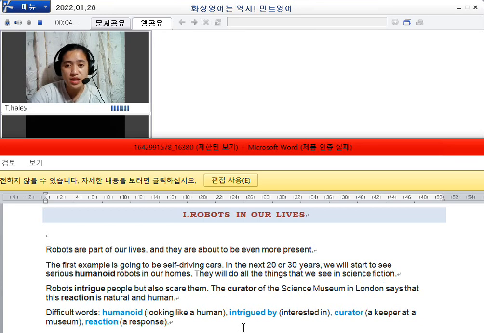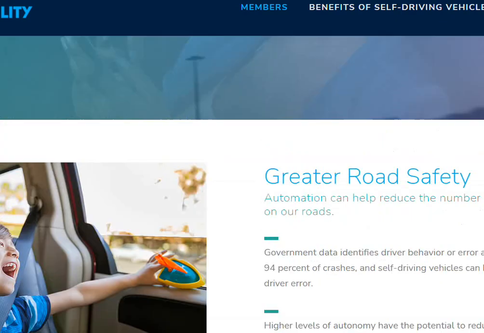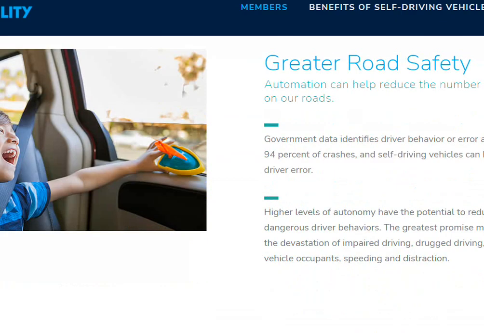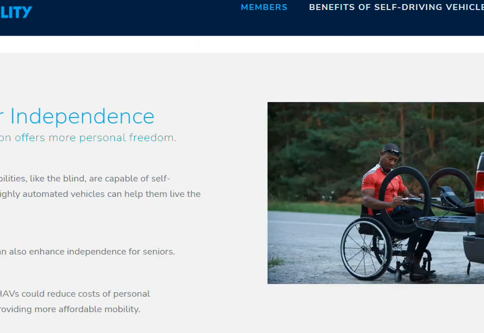Okay. All right. So anyway, what do you think are the disadvantages and advantages of robots? First of all, I think self-driving cars, especially, offer more personal freedom.